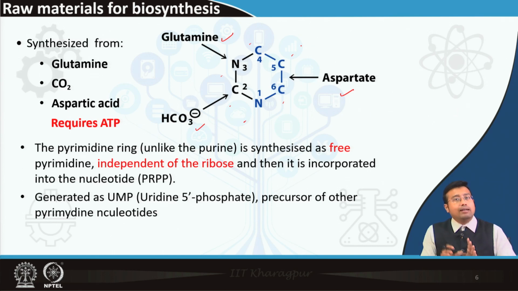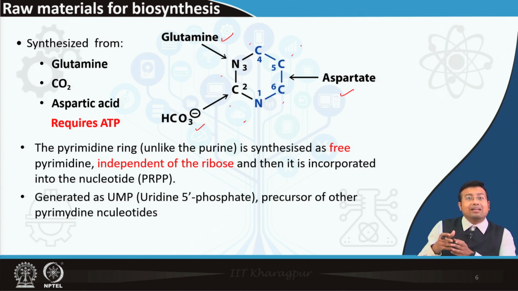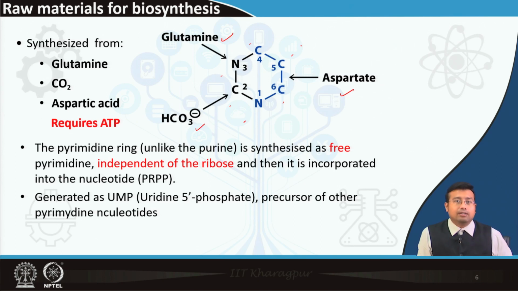Here it is completely different. In pyrimidine synthesis, first the ring is formed and only at a later stage is ribose 5-phosphate added to it. So, this is the difference. In case of purine, first ribose is attached and on ribose the entire ring is formed. In case of pyrimidine, first the ring is formed and then ribose is attached.